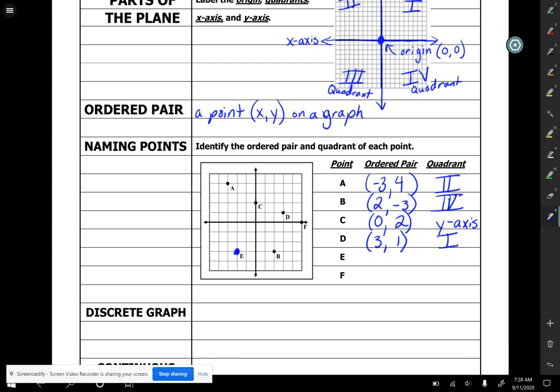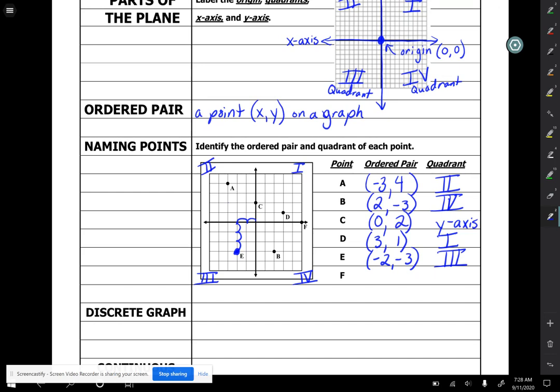Starting from the origin, I need you to tell me the directions to get to E. So I'm going to move to the left 2, and whenever I move to the left, it's negative. And then I'm going to move down 3. Okay. And that's in quadrant 3. Quadrant 1, 2, 3, and 4.